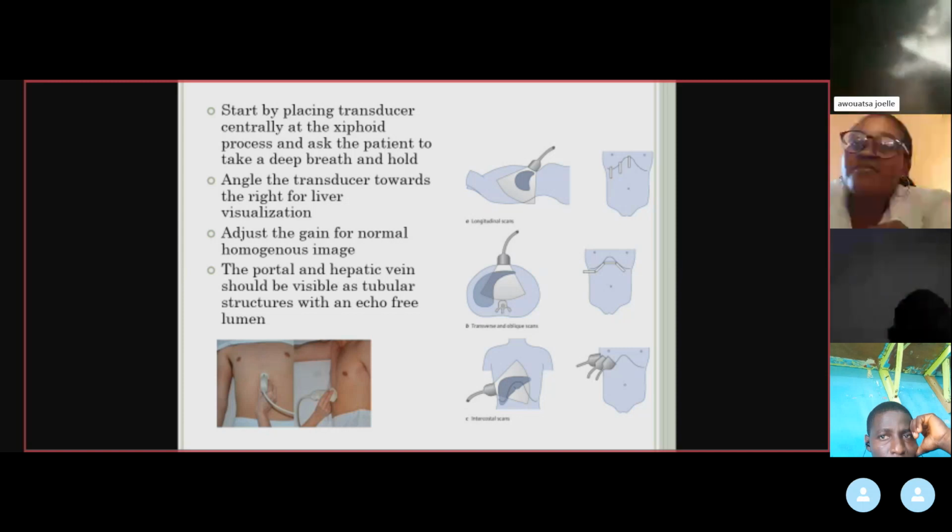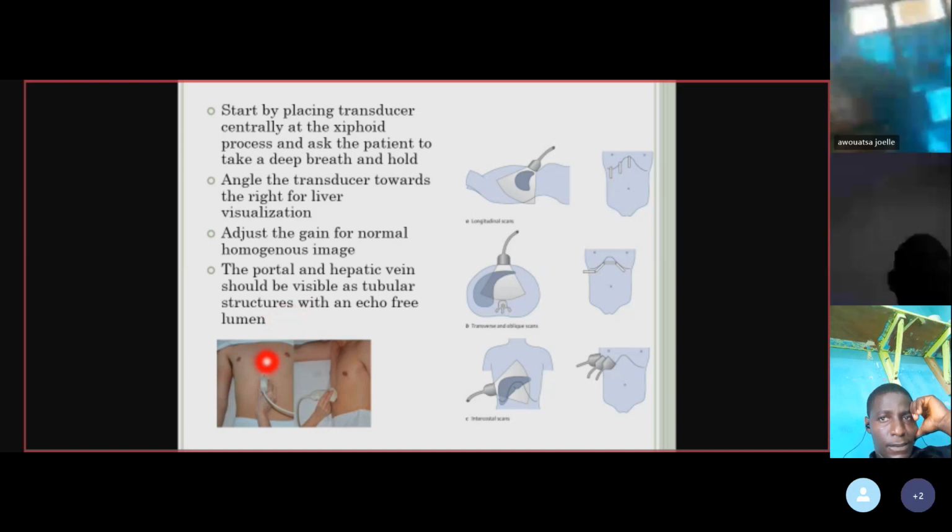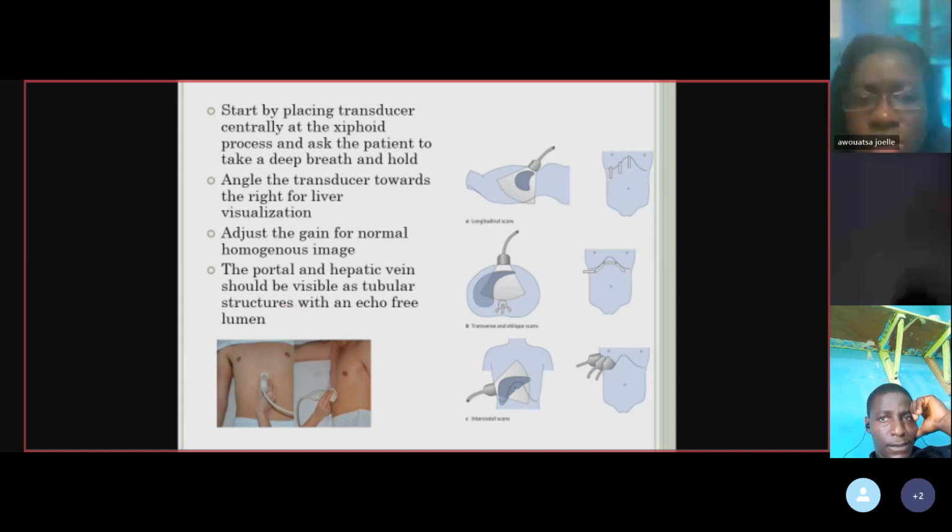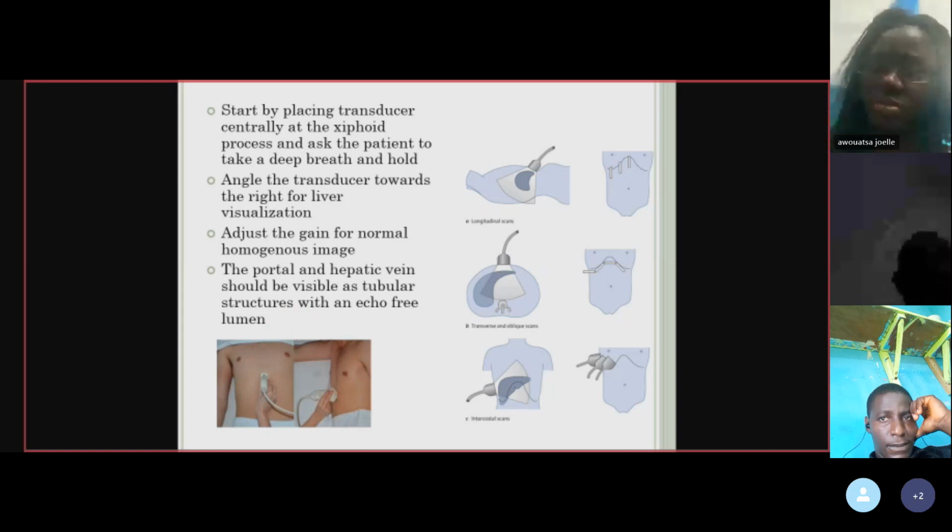You can see in this picture, and feel it on yourself also, the xiphoid process is just below the ribs. Once your sternum gets over, just below that central part is the xiphoid process. Keep the transducer in that position, and then start the scanning.